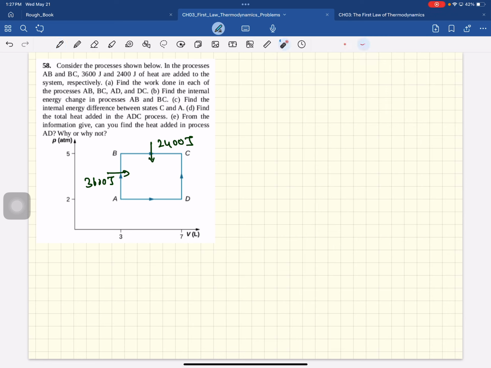Find the work done in each of the processes AB, BC, AD, and DC. What is the work done in AB? 0.